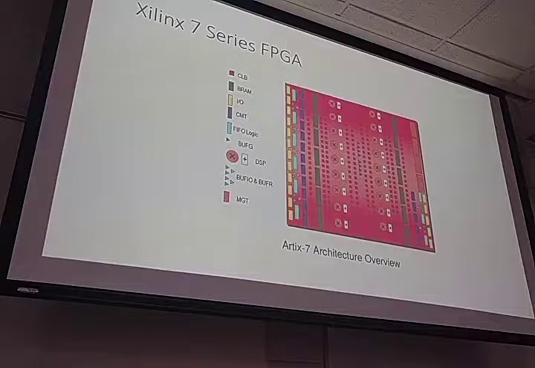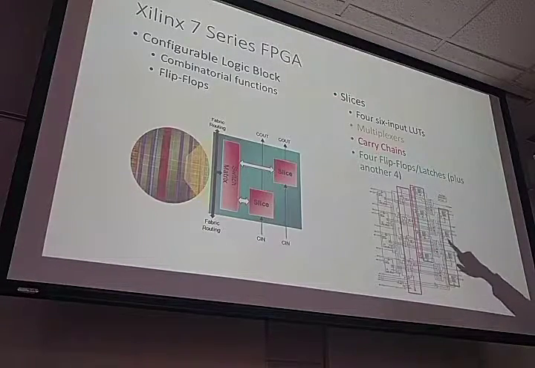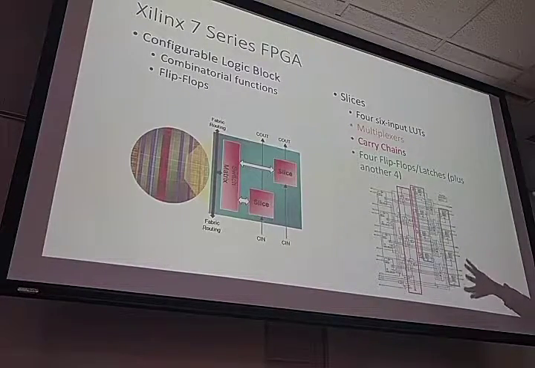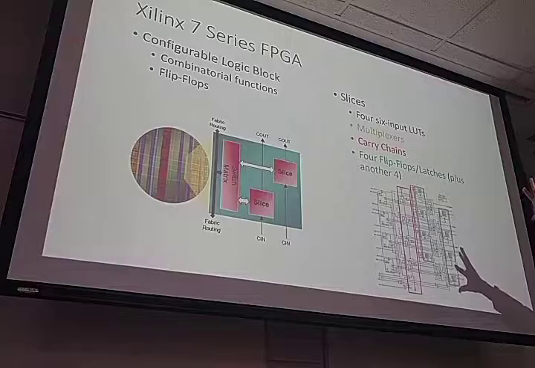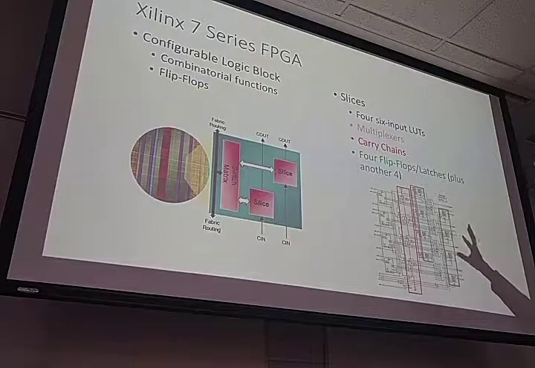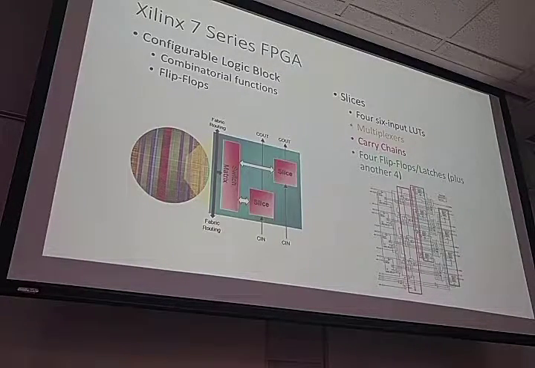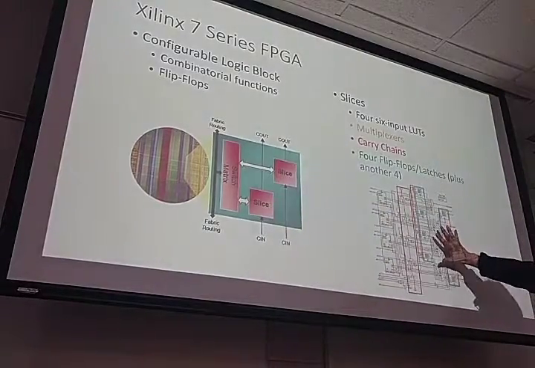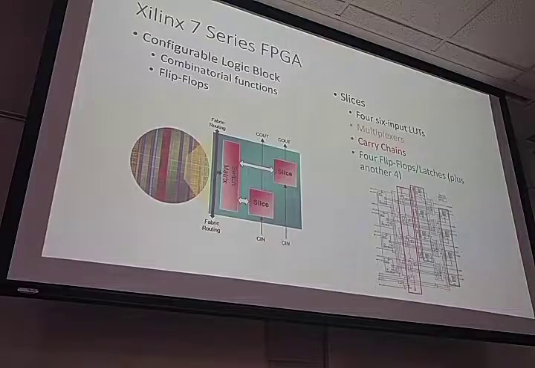Next slide. Okay, so each CLB is a configurable logic block, and you can use them to implement your combinatorial function and also use flip-flops in them. Each CLB has 2 slices, and this is a picture of 1 slice.